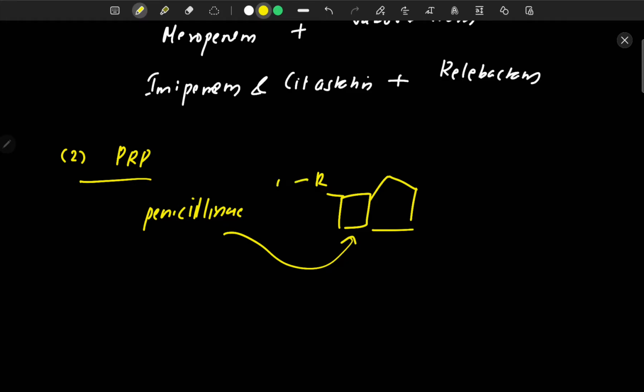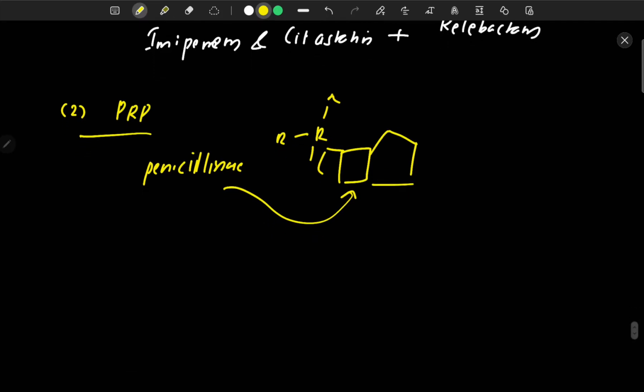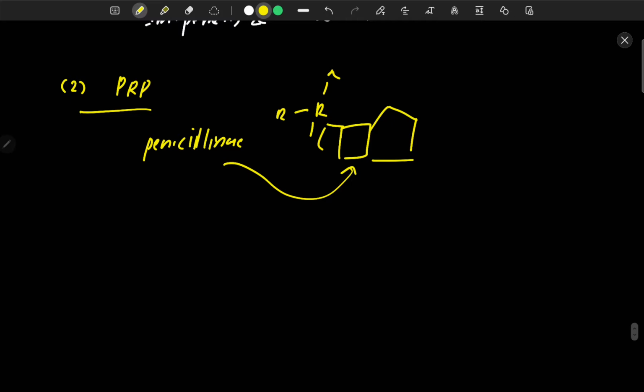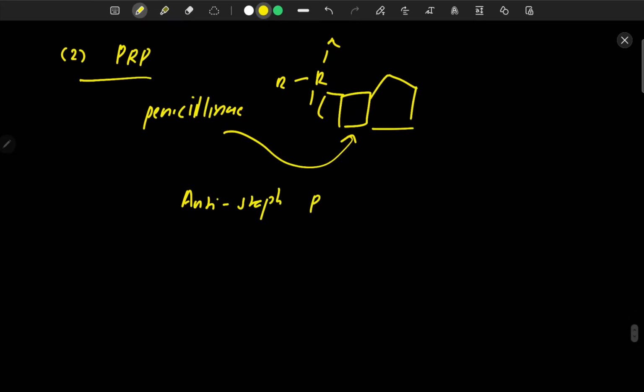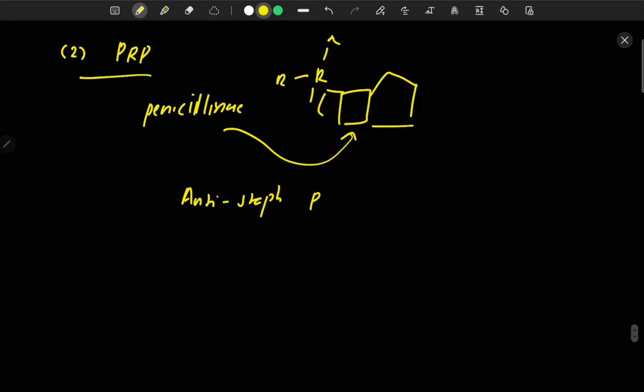We can change the structure of the R group, and we have made the penicillinase resistant penicillin, also known as anti-staphylococcal penicillin. Through the oral route we can give cloxacillin, dicloxacillin.